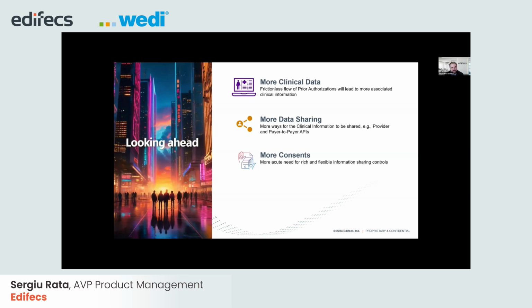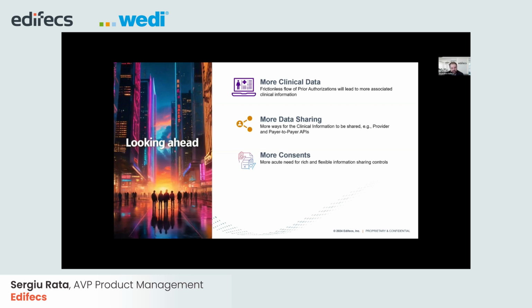And now that clinical data will have more avenues to be shared with other entities. The CMS 57 rule itself talks about the new provider and peer-to-peer APIs, but there are other avenues for how payers can share that data with providers or with other payers, depending on different use cases. So this naturally leads to the question of consents.